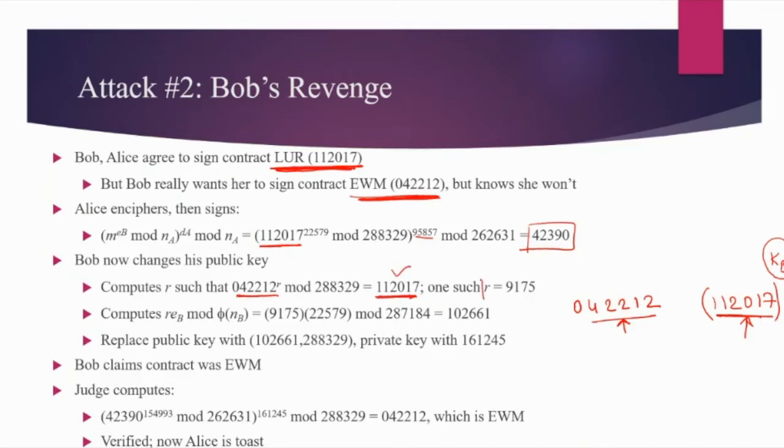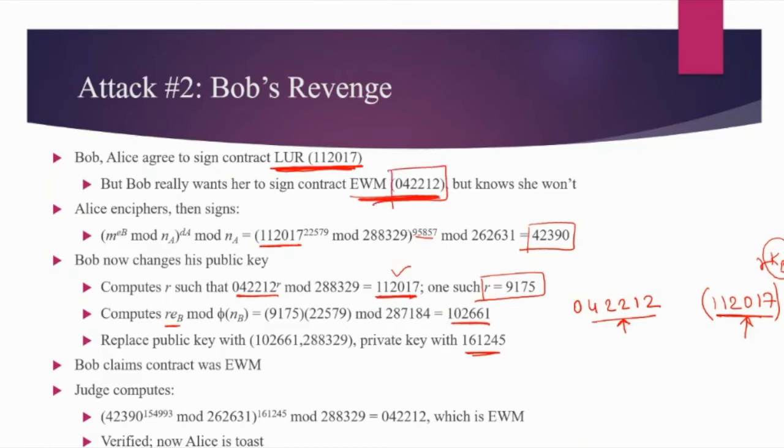He found that the value of R is 9175. Then he multiplied this number with his public key, and changed his public and private key accordingly. So this will become his public key and this will become his private key. And then he claimed that Alice actually signed this message.